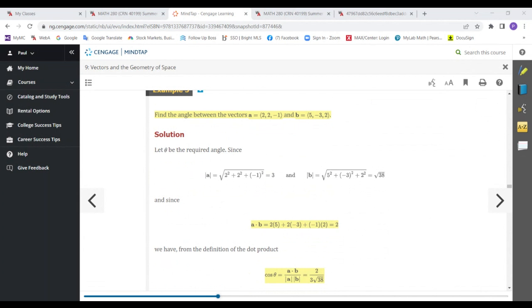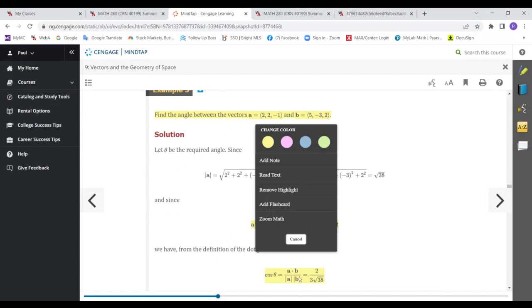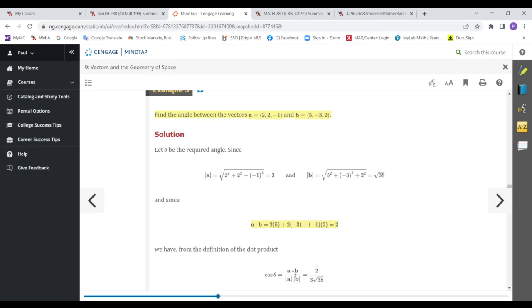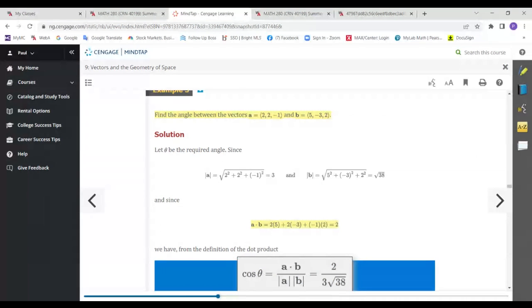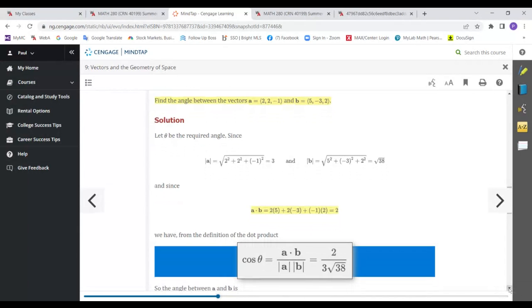But the other definition of the dot product, where A dot B is the length of A times the length of B times the cosine of the angle between the vectors, means the cosine of the angle is equal to the dot product divided by the product of the lengths of the vectors. So you get cosine of theta equals 2 over 3 root 38.